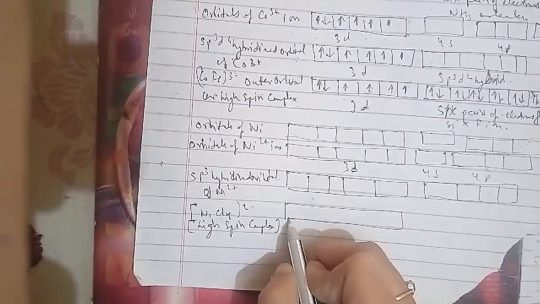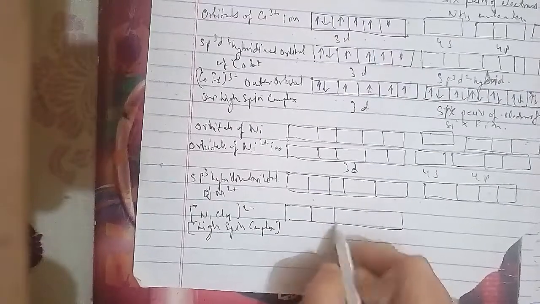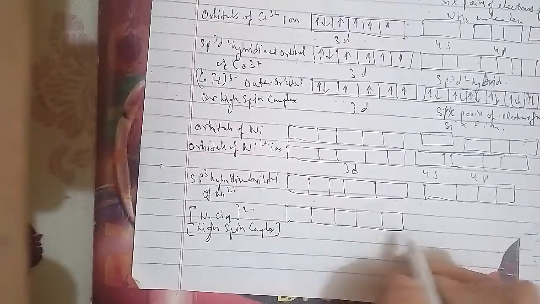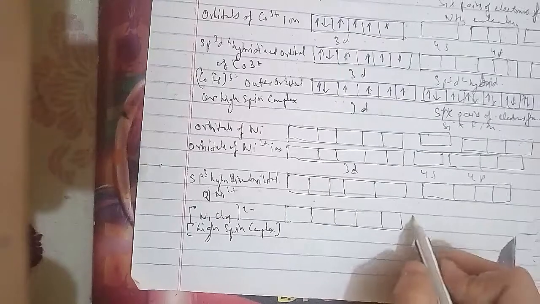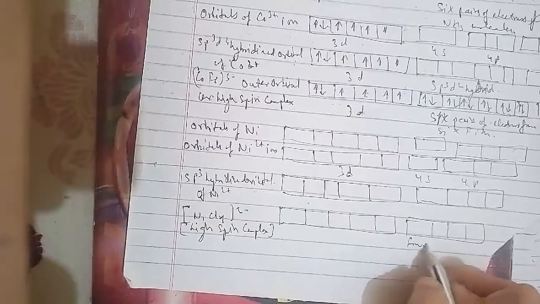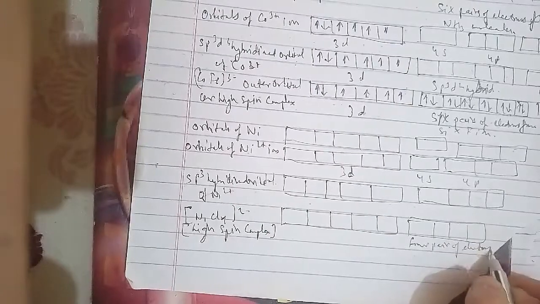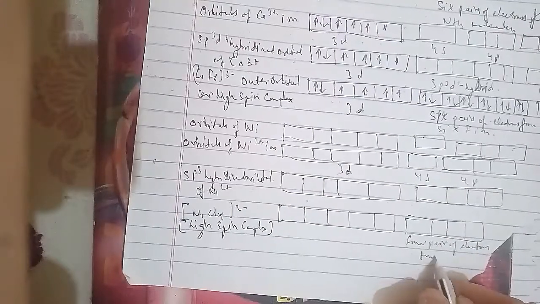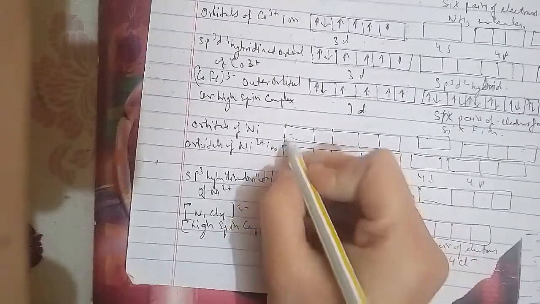So here 4 pairs of electrons from 4 Cl- that we have to talk about. On the same case we have a filling here.